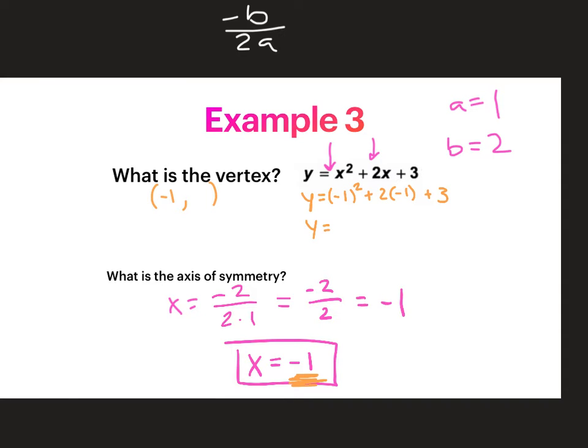What is negative 1 squared? 1. What's 2 times negative 1? Negative 2 plus 3. So it's 1 minus 2 plus 3. What's 1 minus 2?